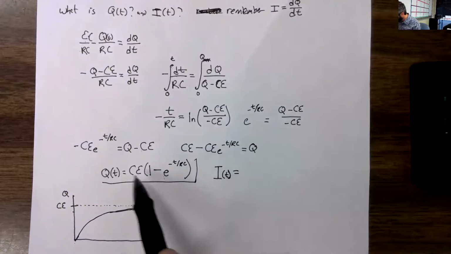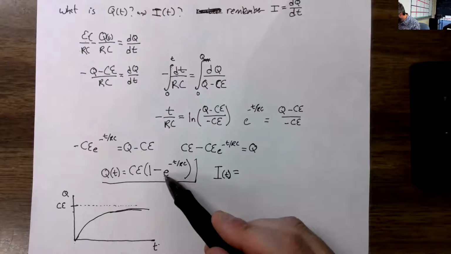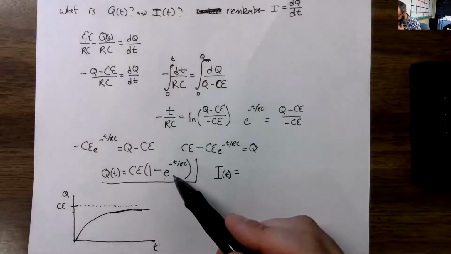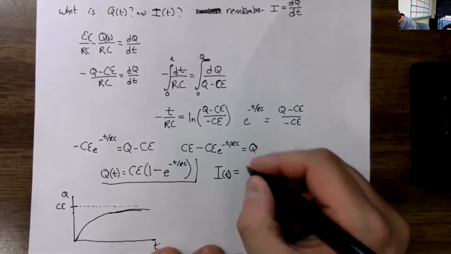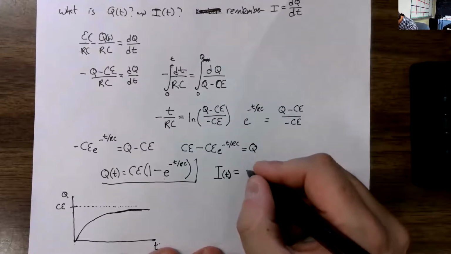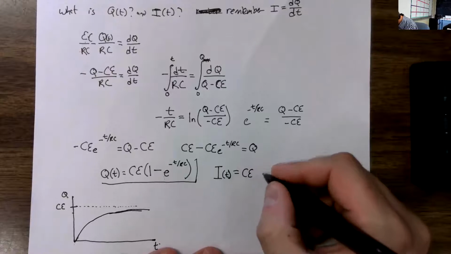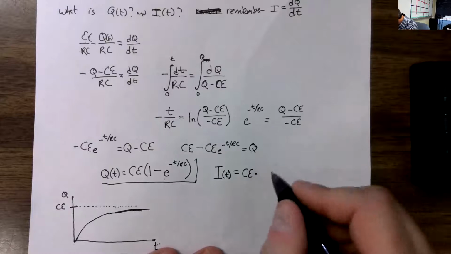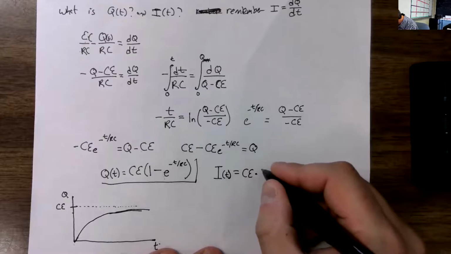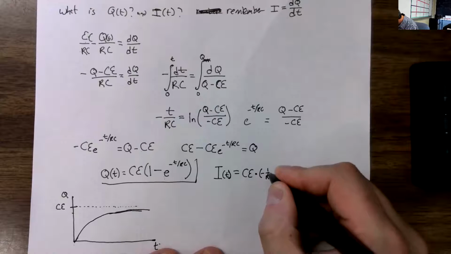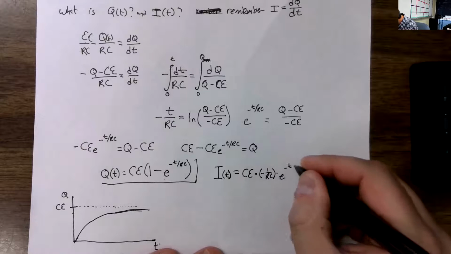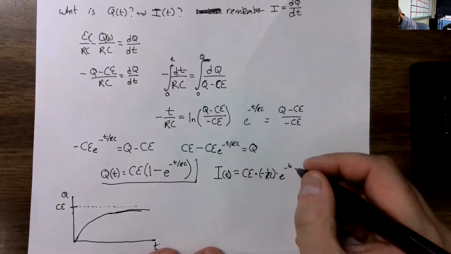If we take the derivative of this function, we get CE times the derivative of minus e to the minus t over RC. So we have CE times a minus 1 over RC factor from up here times e to the minus t over RC.